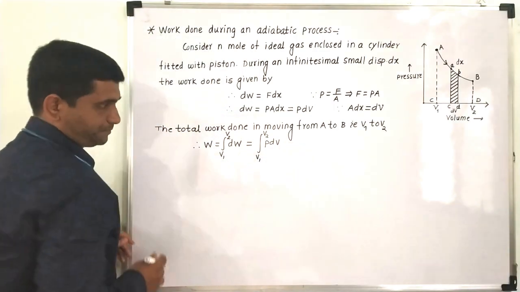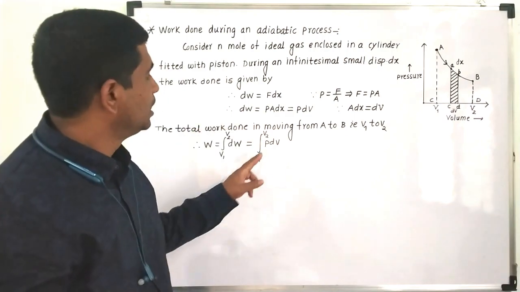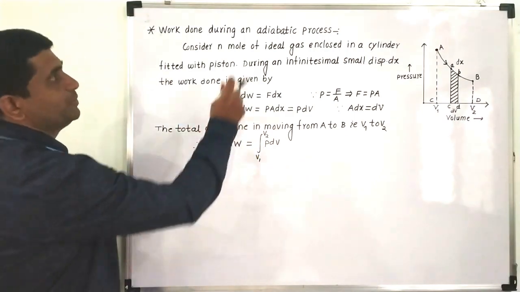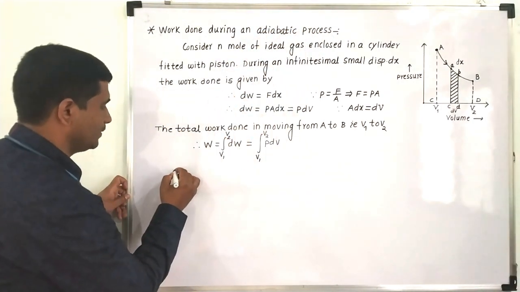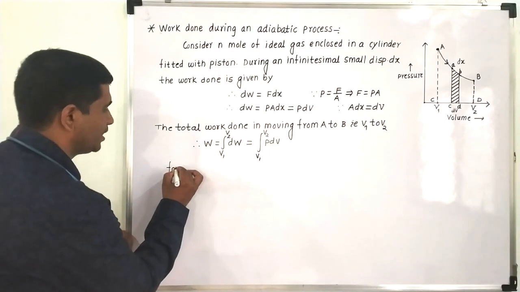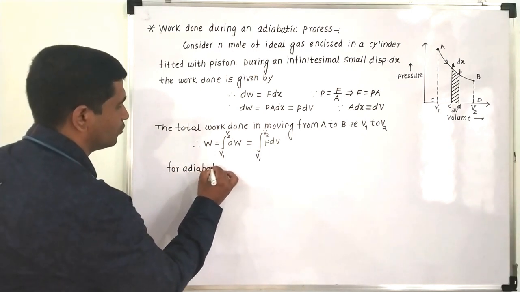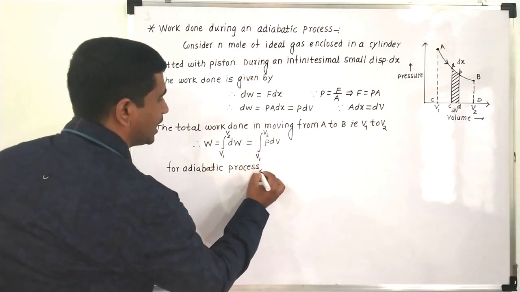But this is an expression which we have similarly calculated for the isothermal process in our earlier lecture. Now, as this is an adiabatic process, what is the relation for the adiabatic process?